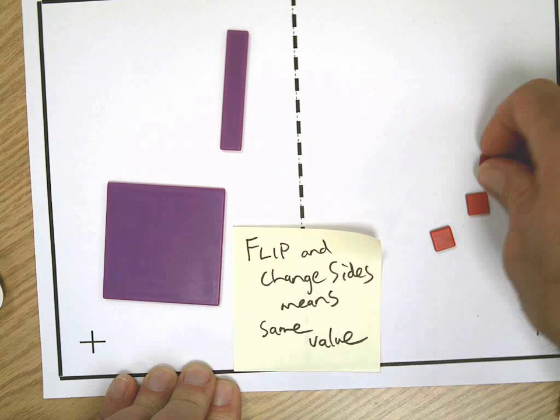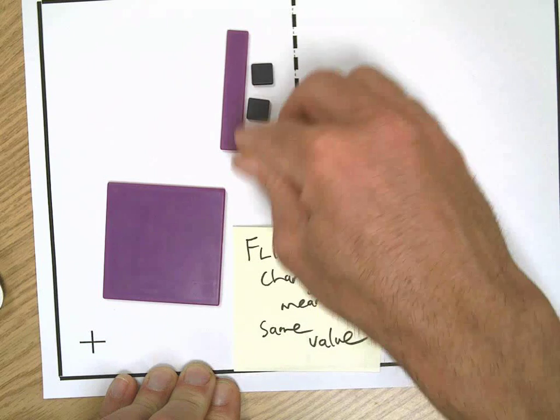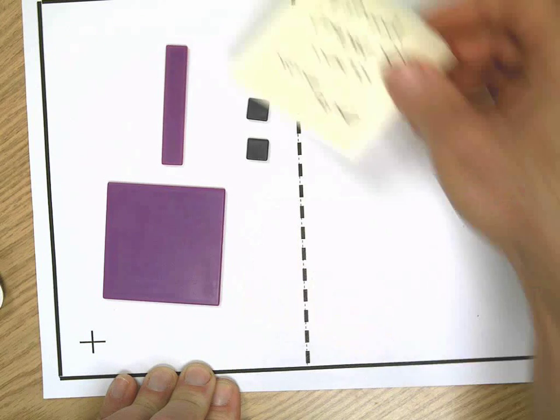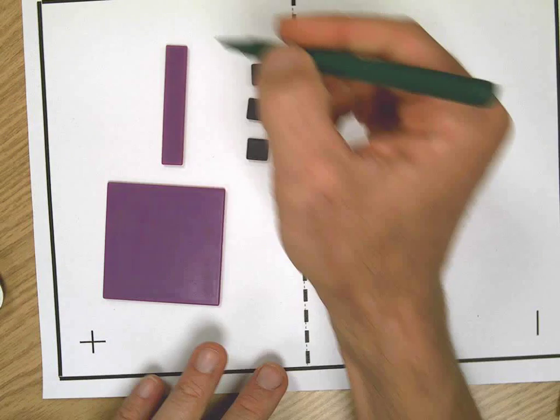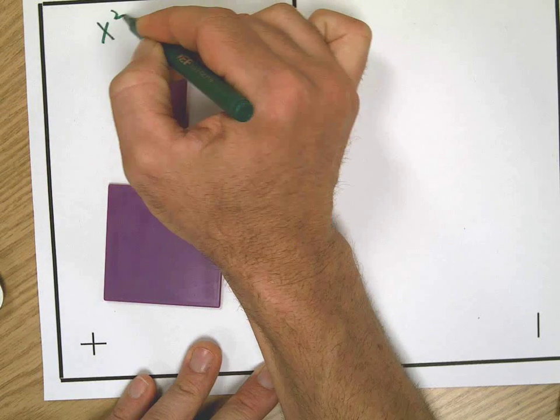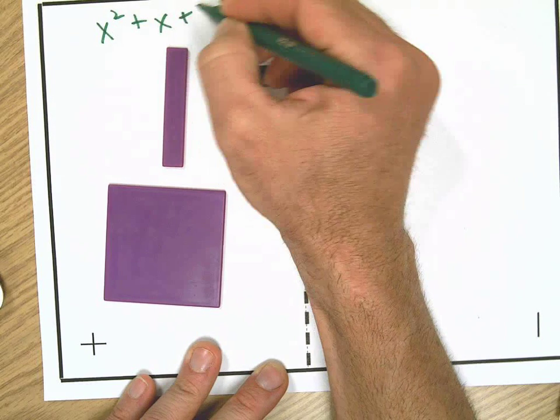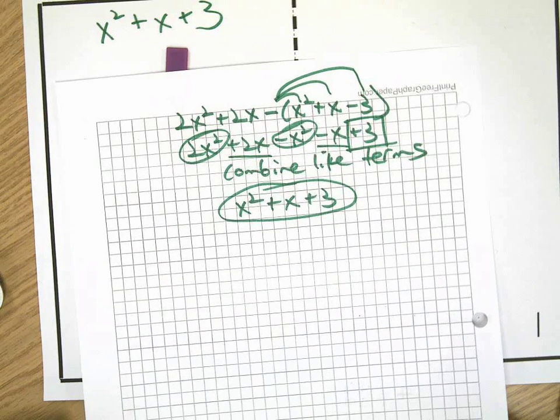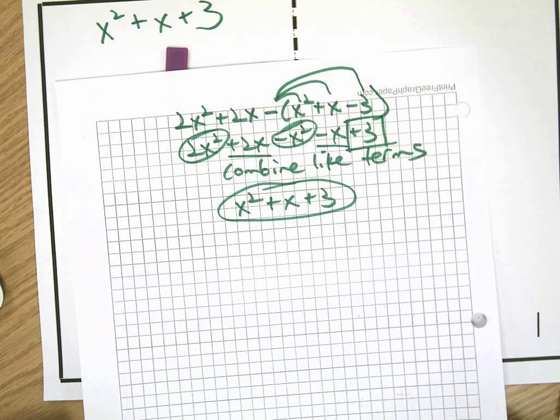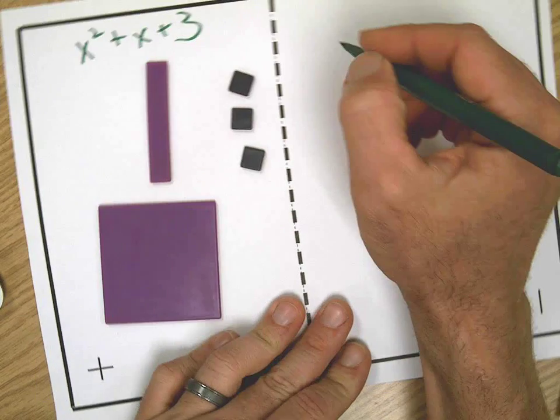If you don't like a negative sign in parentheses, you take these guys, flip them across the matrix, and now we're done. And it's easy to see that what I have now is x squared plus x plus 3, which, if we go back to our original example, that's the right answer.